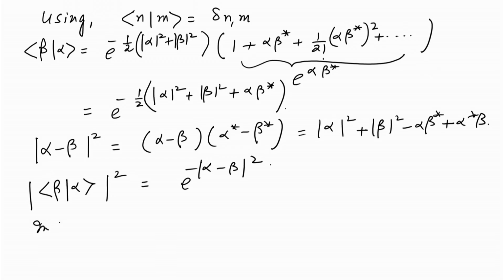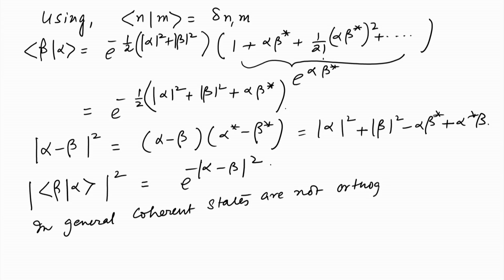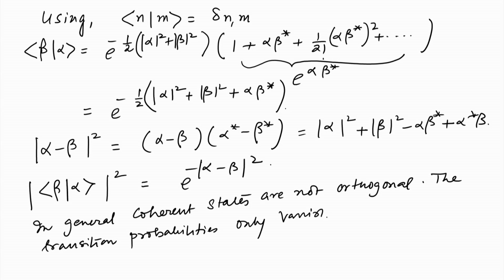So, in general, coherent states are not orthogonal; the transition probabilities only vanish if alpha minus beta is much greater than 1.